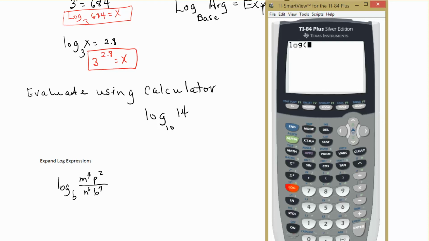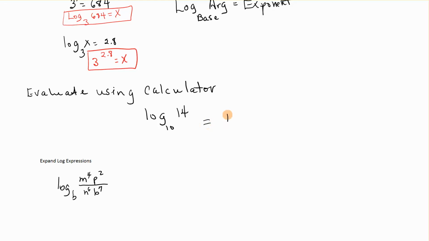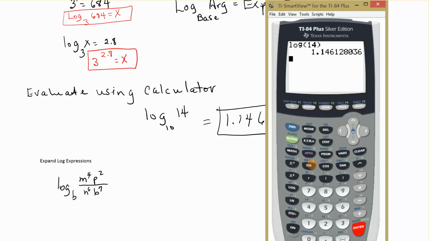We're just going to put log and 14 and close and enter. And it'll tell you how many places to round. If it were 3 places, that would be 1.146. So again, just hit the log button and the number.